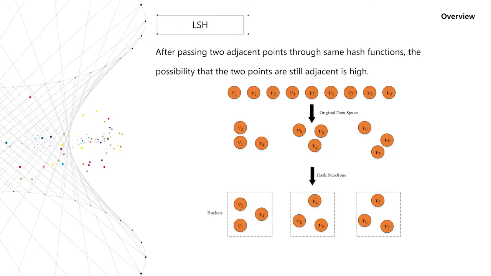The LSH mechanism is described as follows. After passing two adjacent data points in the original data space through the same hash functions, the possibility that the two data points are still adjacent in the new data space is high.